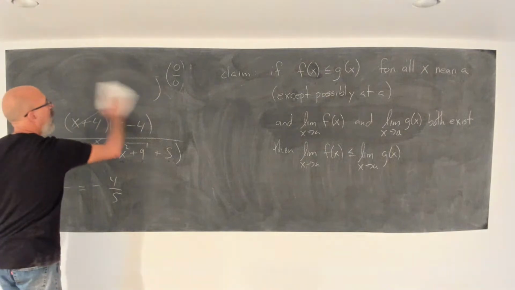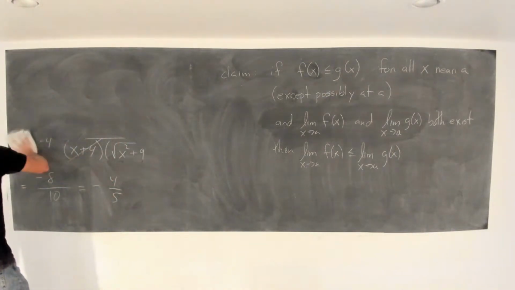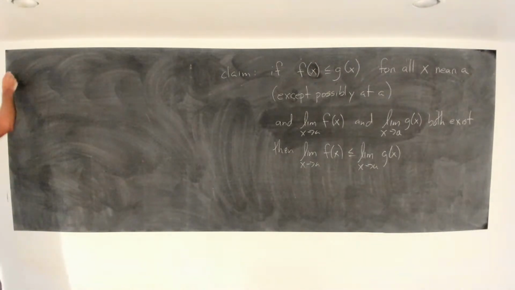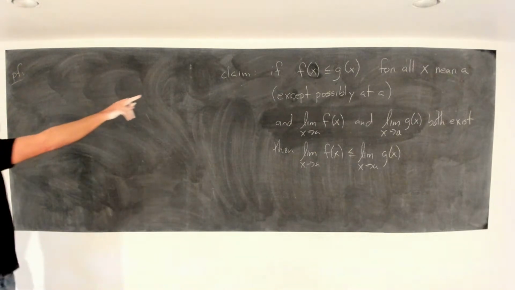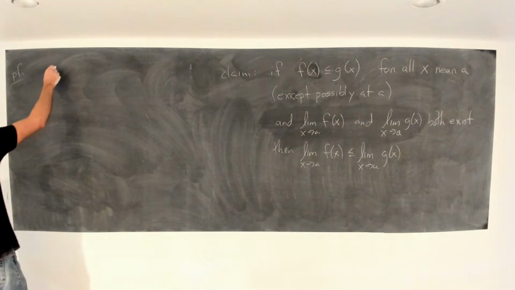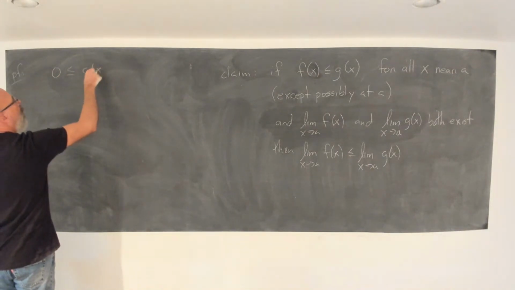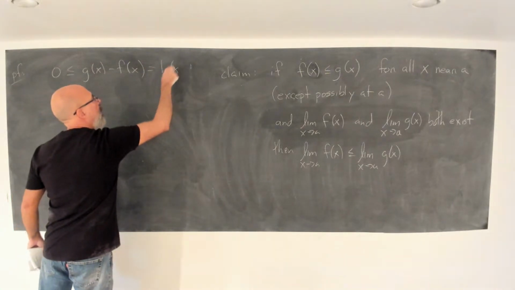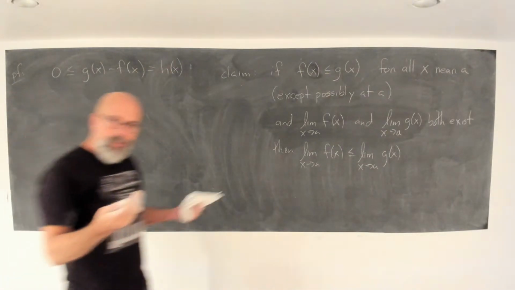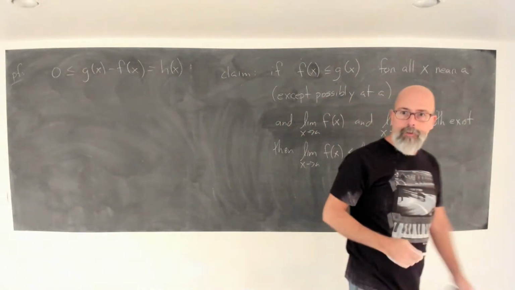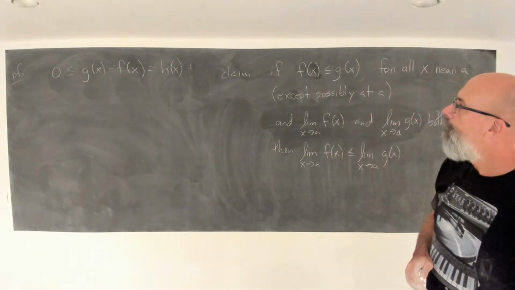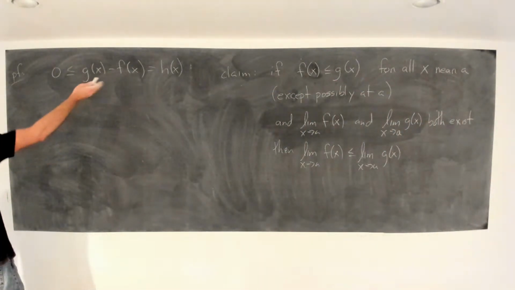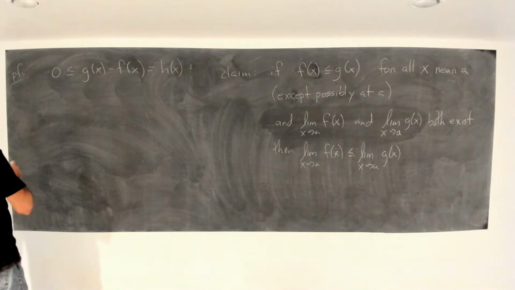Let me give you a flavor of the proof. What's going on here? Bring the f to the other side and call this function h. We have this function h, which is positive. So if you looked at the graph, this function would always be bigger than or equal to 0.